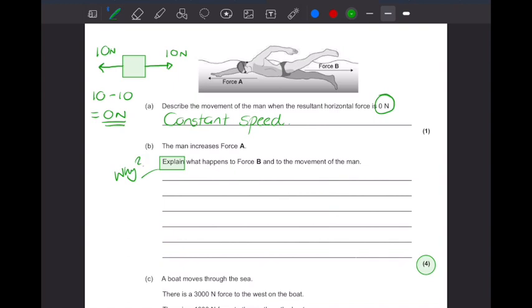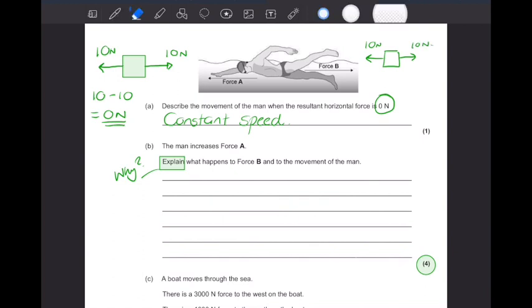So the first thing, force A increases. So let's have a look. Again, we'll think about our free body diagram. I'm going to draw this one up here in this top corner. So if force A is that force there, at the moment they are the same, they are balanced. Let's just say 10 newtons and 10 newtons.